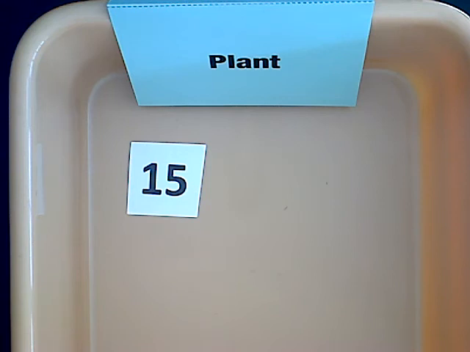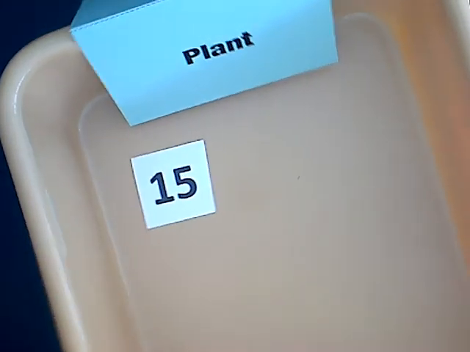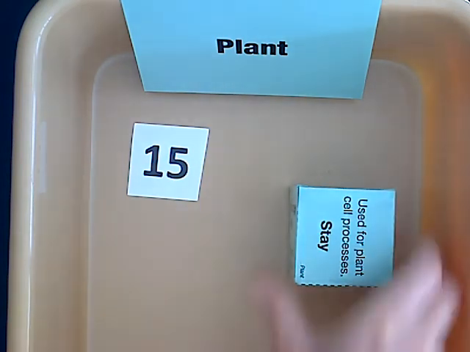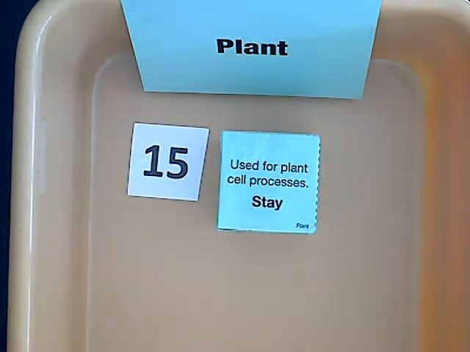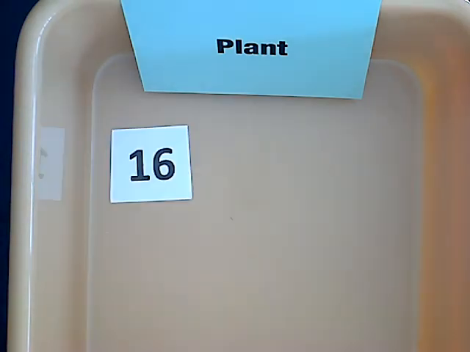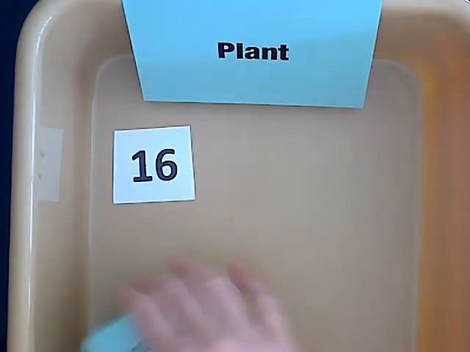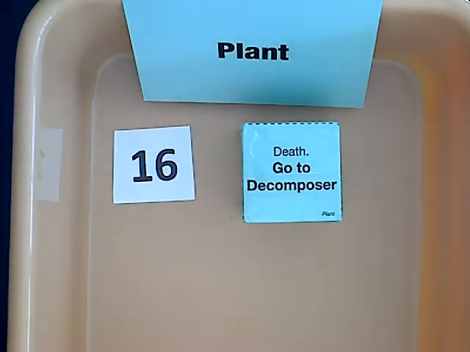Station 15, our carbon is in a plant, and it is going to be used for plant cell processes, and it's going to stay here. So we're still in the plant, and next the carbon is going to die, and the carbon is going to go to the decomposer.